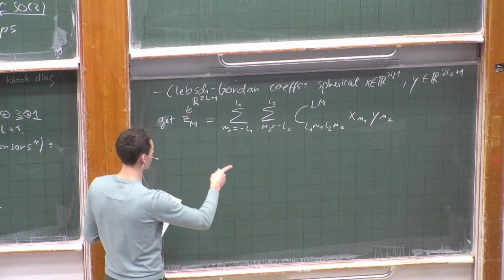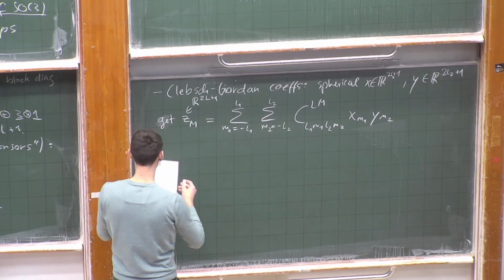These Clebsch-Gordan coefficients are sparse.